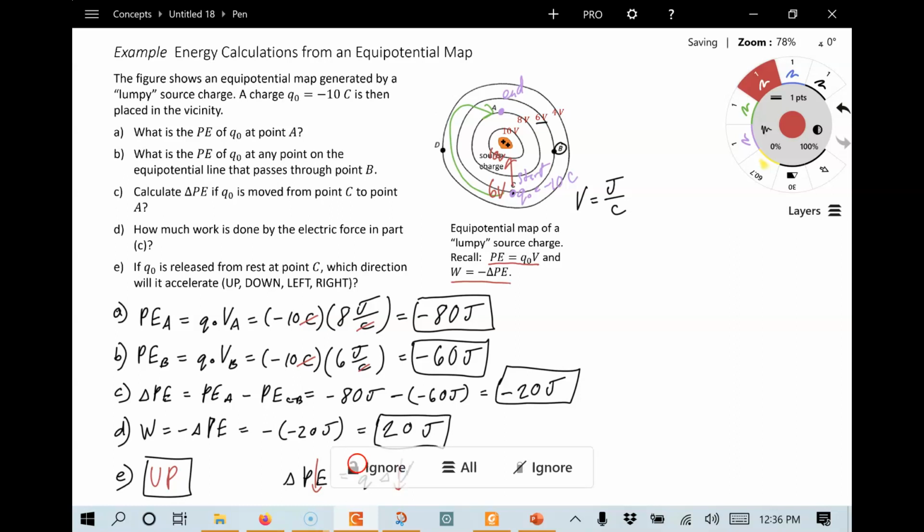On the other hand, if we have a negative charge, well, the Q is going to be equal to a negative value. So what we have to look at in this case is to consider Q being negative. We have to make the change in the electric potential go positive, because multiplied by negative Q, that's going to cause a negative change in potential energy.